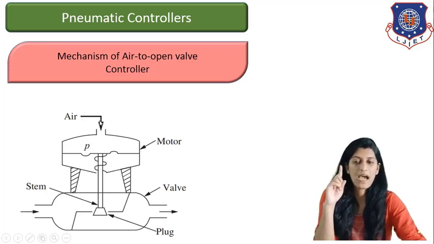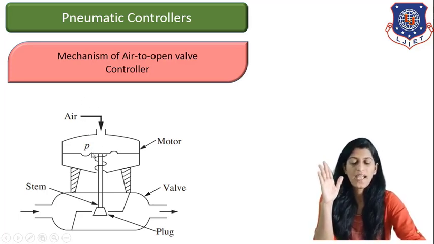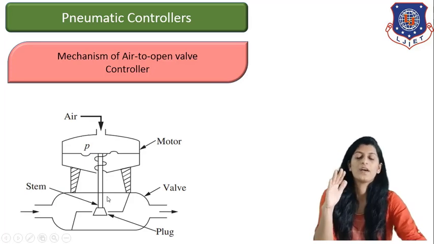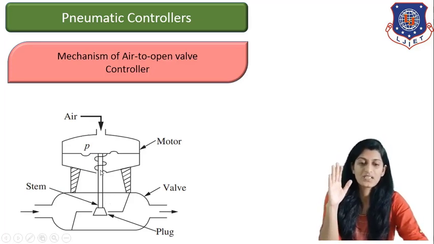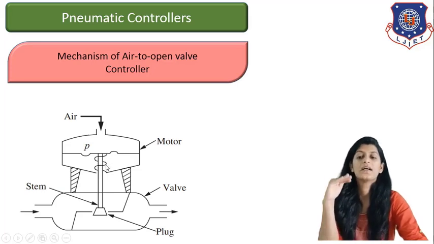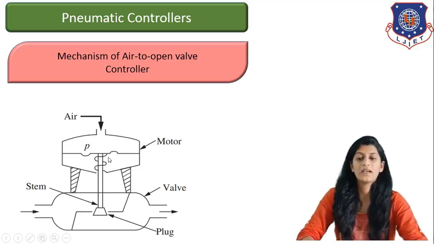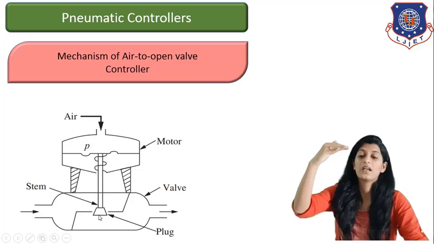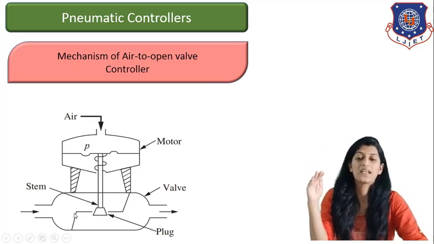Air will be supplied to the air chamber of our motor that is connected to the spring and stem. Due to the air pressure generated, the stem will move, right? And as the stem moves, it will create an opening between the two chambers of our valve. Clear?